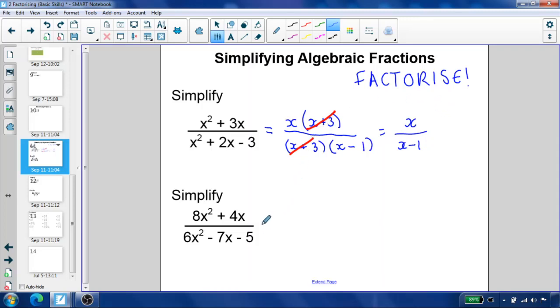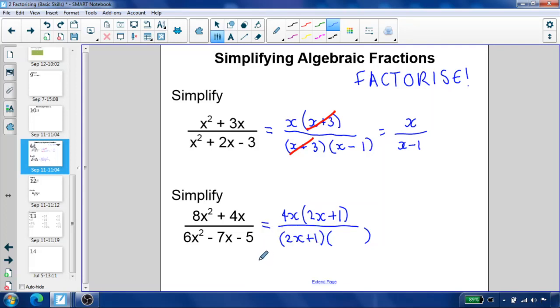So I'm going to use the strategy for this one. Let's start by factorising the numerator. The highest common factor is 4x. Then I'm going to have 2x here and a plus 1. Now, the denominator will have two brackets, and one of the brackets must be 2x plus 1.